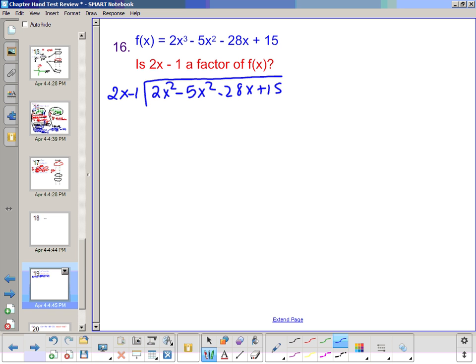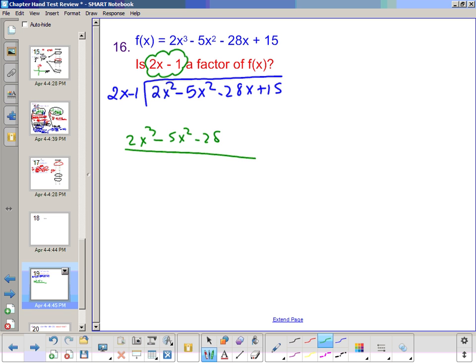And when I look at something like this, I am way too lazy to do long division. So instead of long division, I am going to reconfigure 2x minus 1 so it is a binomial with a single linear term, so I can use synthetic division.